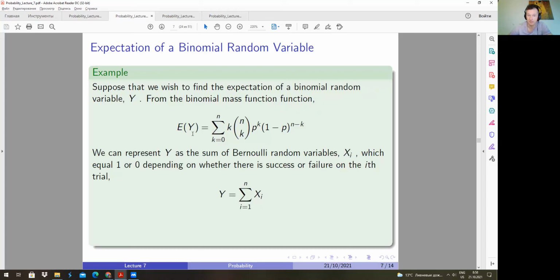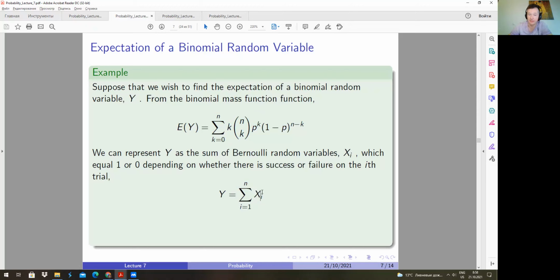And this variable is just a sum of these ones or zeros. And then it becomes very simple, apparently. So instead of calculating this very difficult sum, I need to calculate the expectation of this sum.